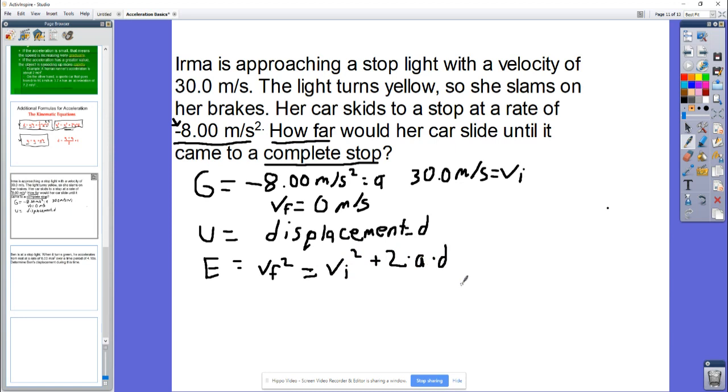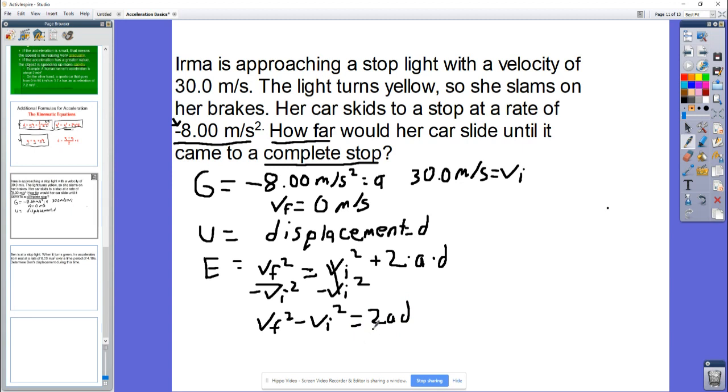All right, one problem here though, unfortunately. This formula is final velocity squared, but we're looking for displacement, so we've got to rearrange this. First thing I'm going to do, subtract v sub I squared from both sides. Those cancel. That gives you v sub f squared minus v sub I squared equals 2AD.